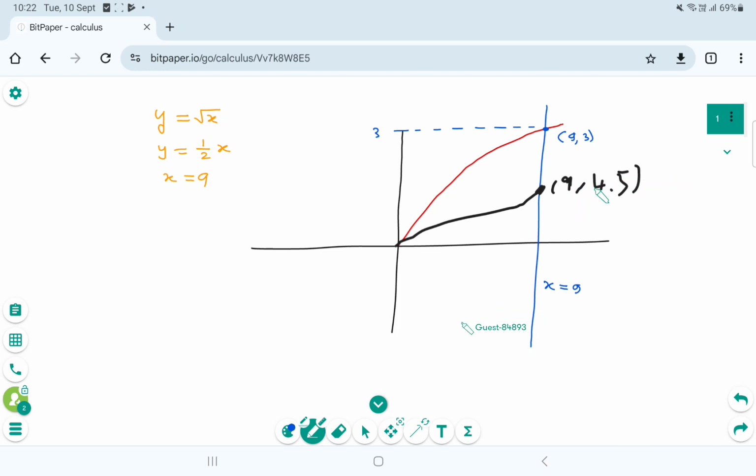That's the problem. 4.5 is greater than 3, right? Oh, okay. That's why I did this one as top.